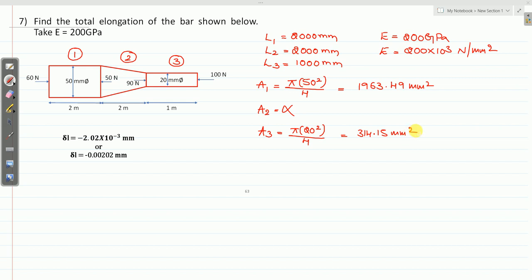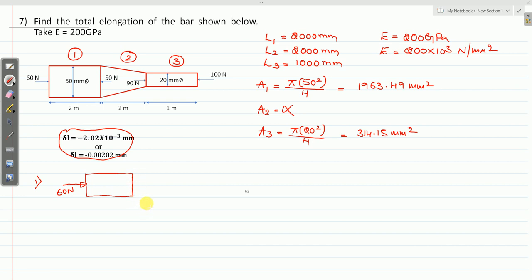So in this problem it is required to calculate the elongation, which means delta L. First let me consider section 1. So this is my section 1. Here you have 60 Newton. Let me find it at this face.